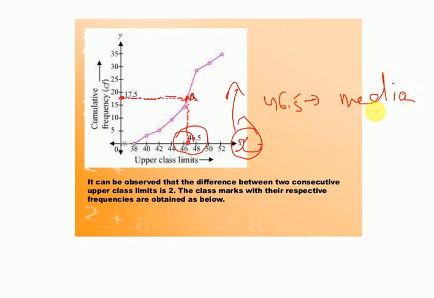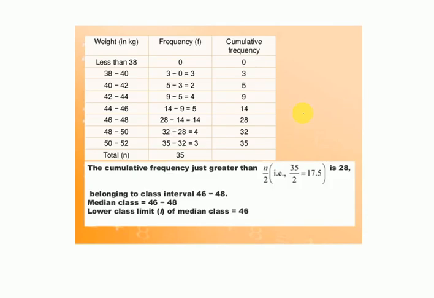Now we can cross-check by using the formula. Here again they have given this. What they have done is converted them into classes: less than 30, 30 to 40, 40 to 42, 42 to 44, 44 to 46, 46 to 48, 48 to 50, 50 to 52.